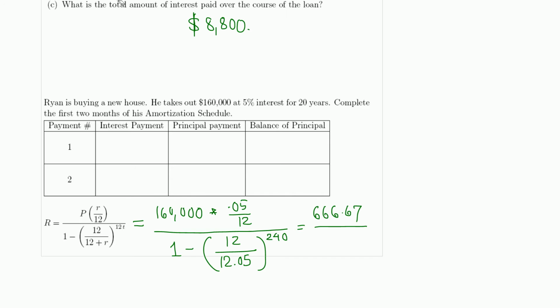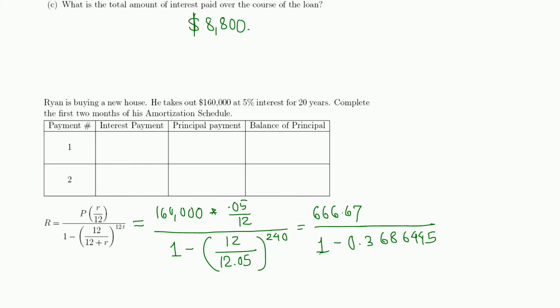You can do everything in one time, by the way. So 12 divided by 12.05 raised to 240 gives 0.3686445. So you need to take a lot of decimals.